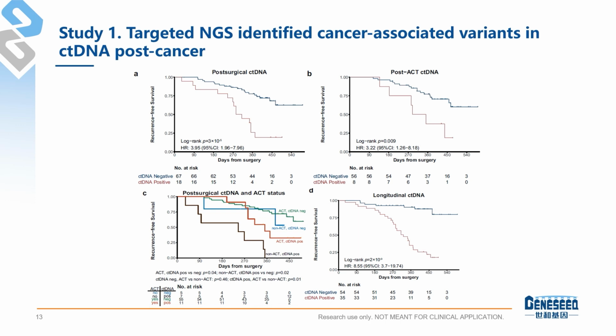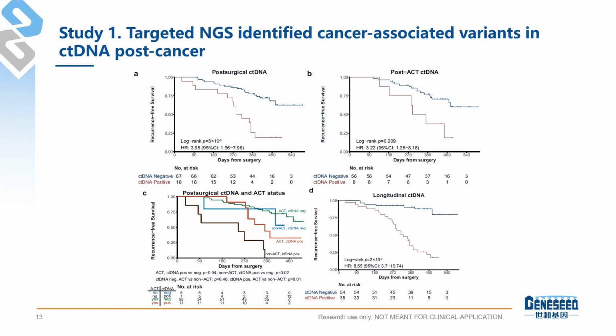Essentially, what that means is that at any point after surgery, the proportion of subjects or samples that have experienced relapse is lower for the ctDNA negative group than for the ctDNA positive group. And that's true for both post-surgical and post-ACT groups.